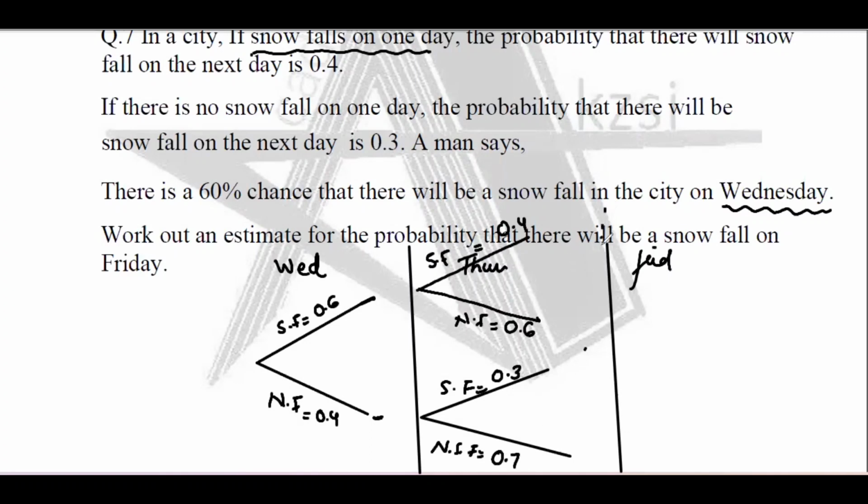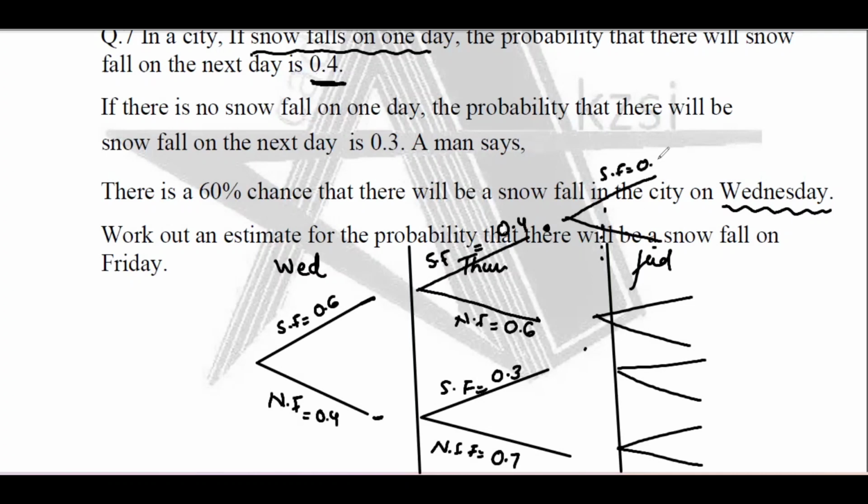Now again on Friday we have to make branches, because each of these will give rise to two other conditions. This is the condition when there is a snowfall. If there is a snowfall, the next day the snowfall possibility is 0.4, and no fall will be 0.6.